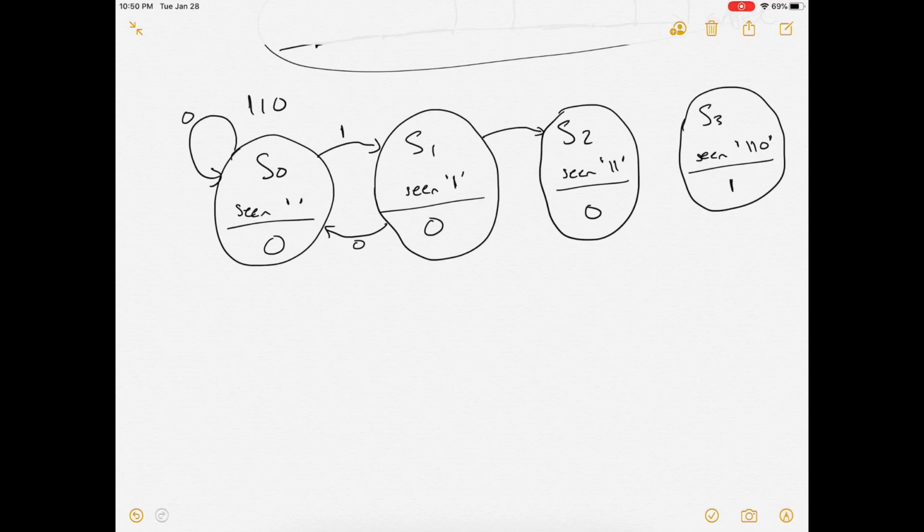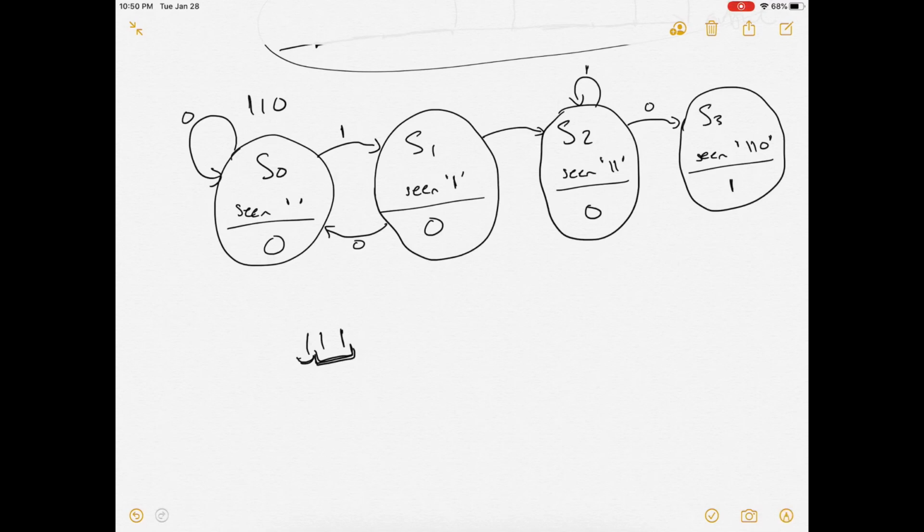After that, if we see 1 again, we're also going to move to 1, 1. If we see 0, however, we cannot jump to 1, 1 because we have seen 1, 0 so far, so we are back to seeing absolutely nothing because it's nothing related to our sequence. Now if we are in S2, we have seen 1, 1 so far. If we see a 0, we're going to go to S3. However, if we see 1, we will not go back to seeing only 1 because we've already seen 1, 1. So if we have seen 1, 1 so far and we see a third 1, we can disregard the first one and we will be seeing the last 1, 1. So we would basically be staying in the same S2.